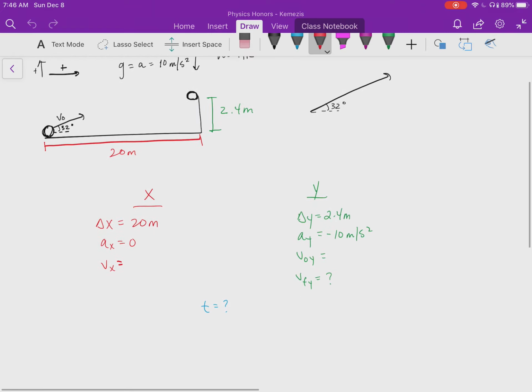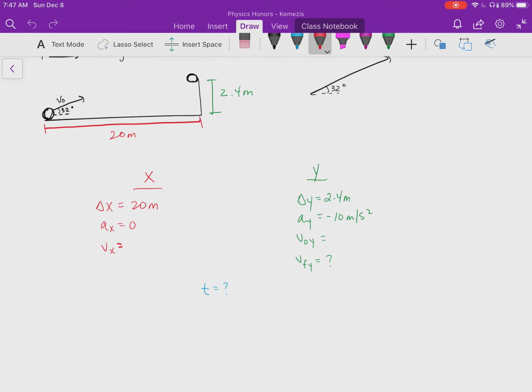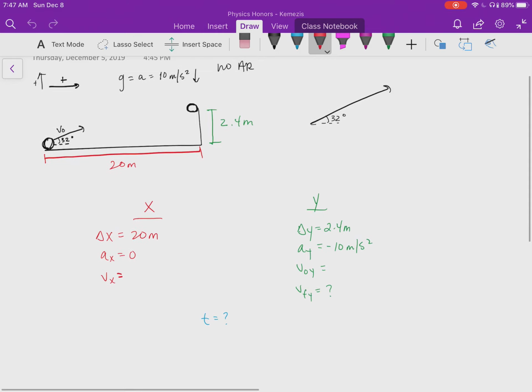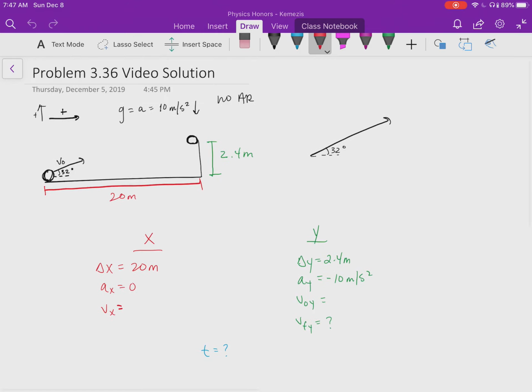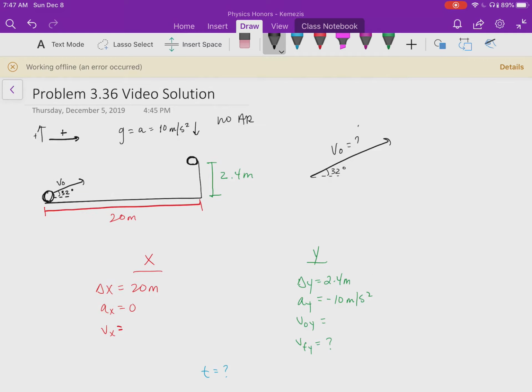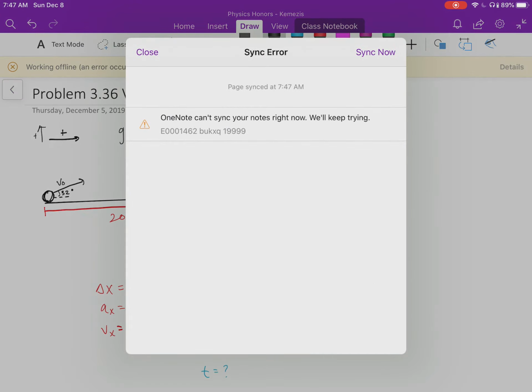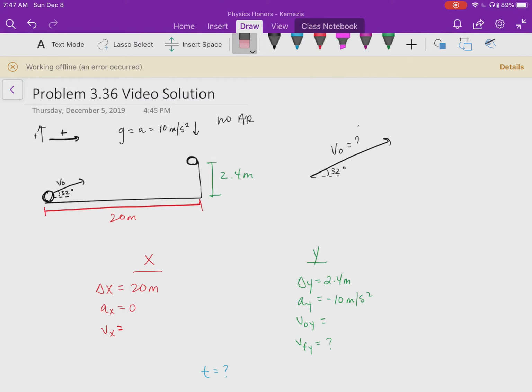So this is the stuff that's laid out, and remember the time is what connects these two things, because at the time it has traveled 20 meters, it has also traveled 2.4 meters up, so the time is the same for these. We are interested in the v naught, that is our unknown.